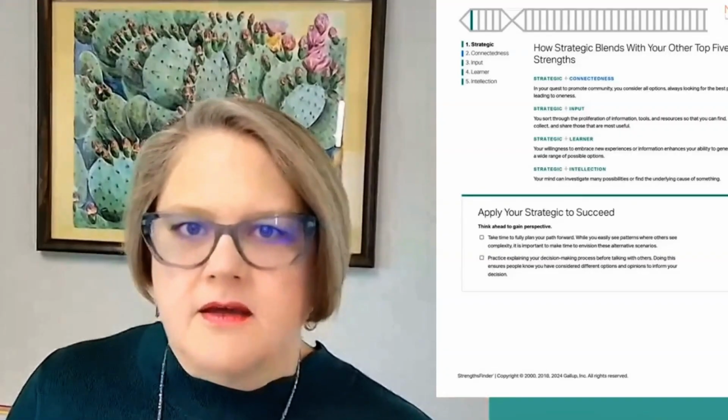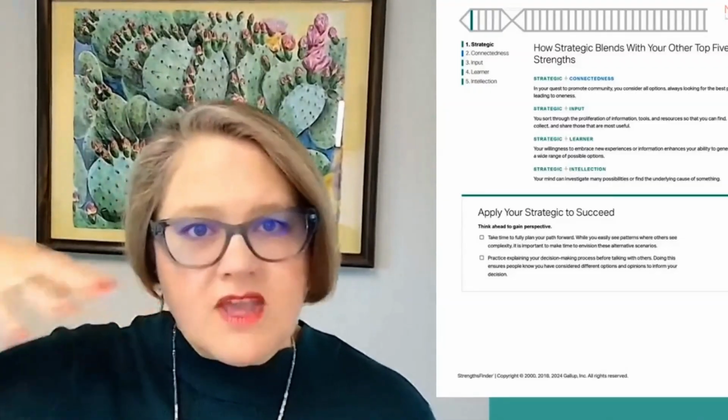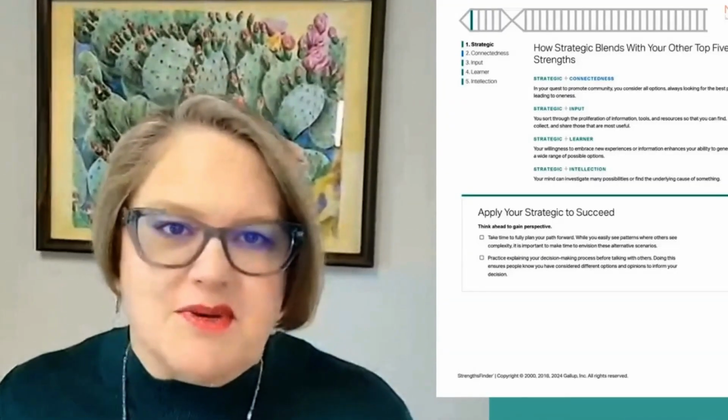So for me, planning daily, weekly, monthly, really thinking through how something is going to fit together is really, really important and is part of what helps me use that strategic to really figure things out. So I'm going to pay attention to that action item and really see how can I use that, right? Maybe in 2025, that'll be something I do even more. That particular one happens to be one I do a lot.